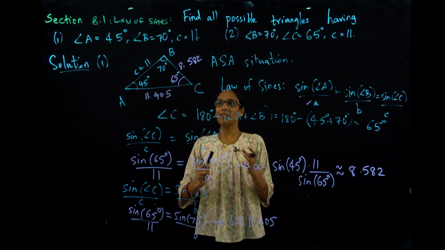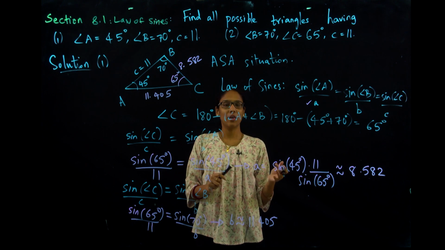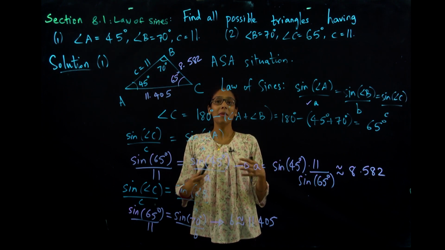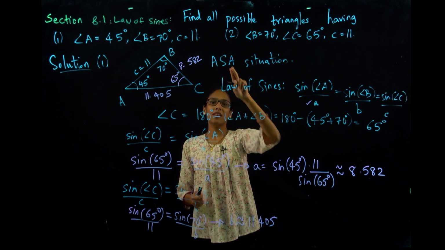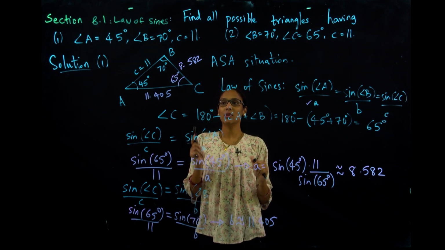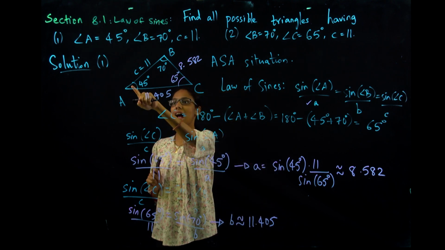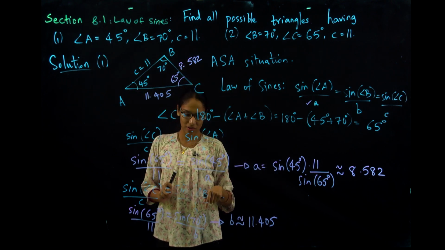How do we know if there is another triangle or not for the same given angle A, angle B, and side C? So remember, by the ASA congruence rule for triangles, you can only have one possible triangle that has the given angle, side, angle measurement.